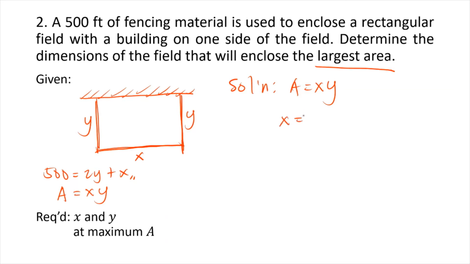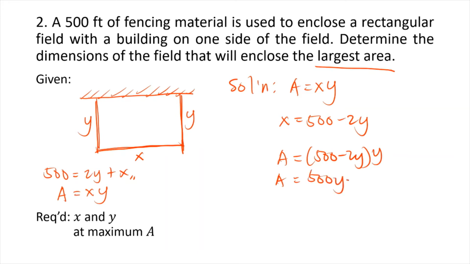So x equals 500 minus 2y, and plug in this equivalent expression to the equation for the area. So the area now is equal to (500 minus 2y) times y, or this is equivalent to 500y minus 2y squared.